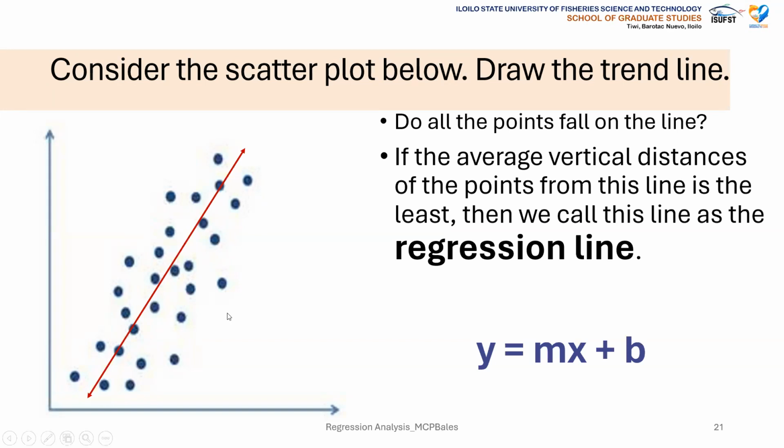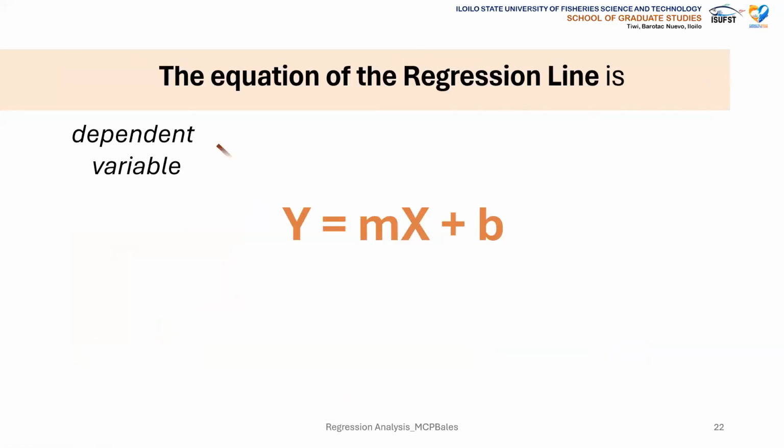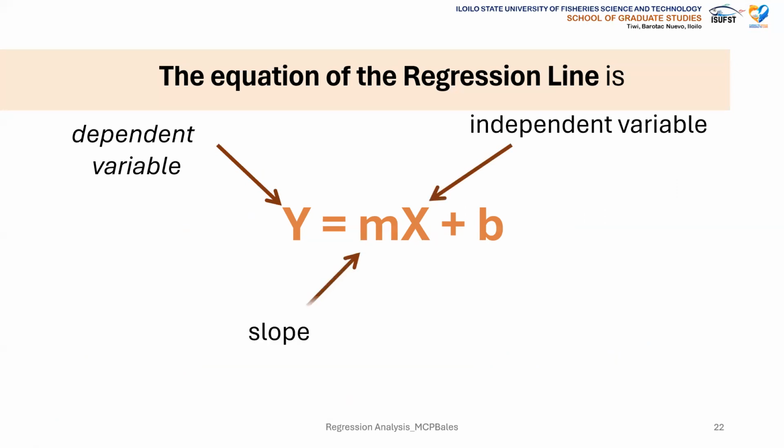Where, in this case, y is the dependent variable, x is the independent variable, m is the slope of a line, and b is the y-intercept of your line. So I believe math majors know about this, but for non-math majors, I hope that you could catch up with us, okay?